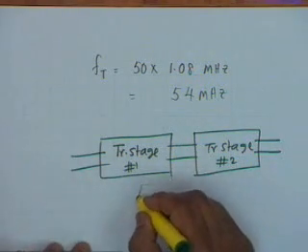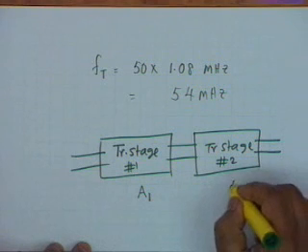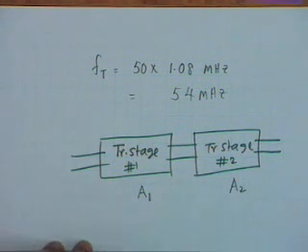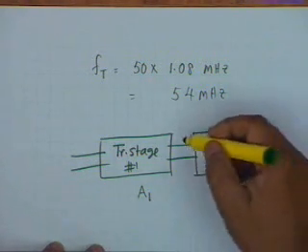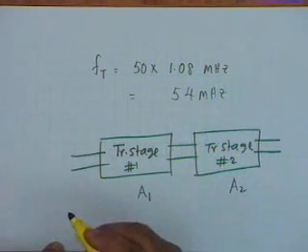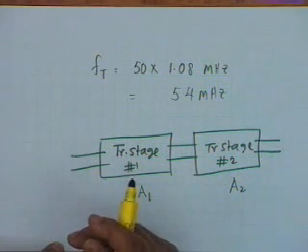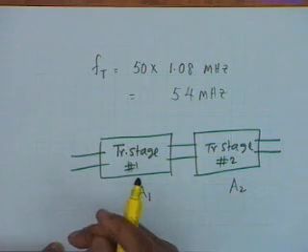Normally it looks like if A1 is the gain of the first stage and A2 is the gain of the second stage, then the overall gain should be A1 A2, except for the fact that the two stages usually in a BJT amplifier are interactive.